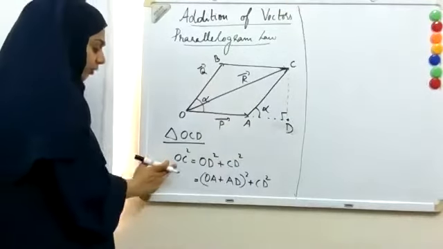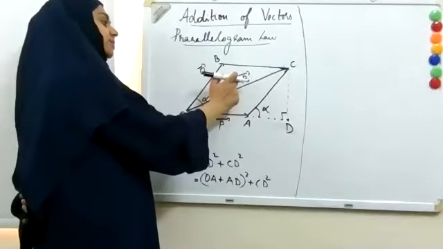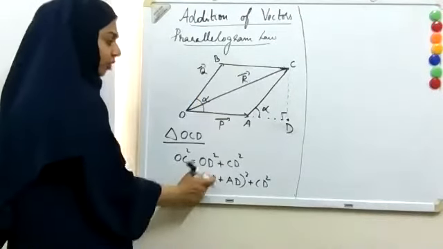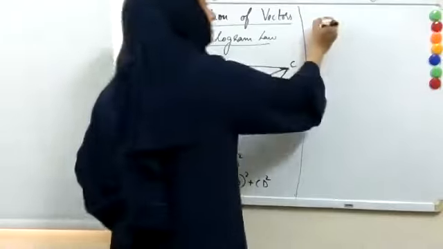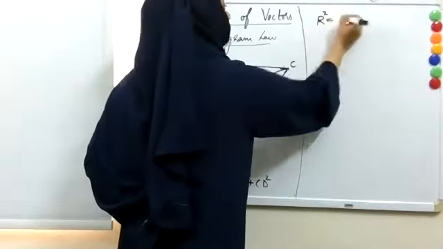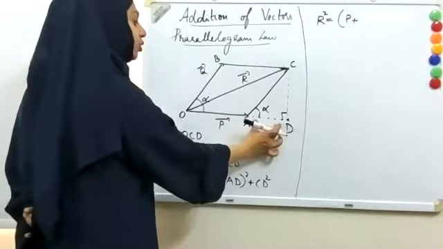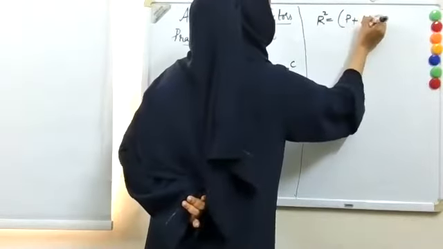Now, OC I can represent as the magnitude R and OA is P. So let me write R square is equal to P plus AD, the whole square, plus CD, the whole square.